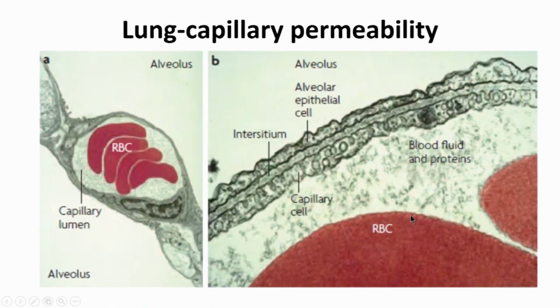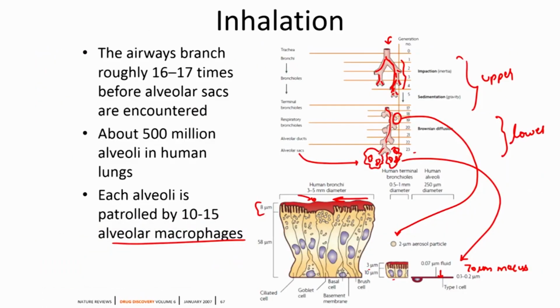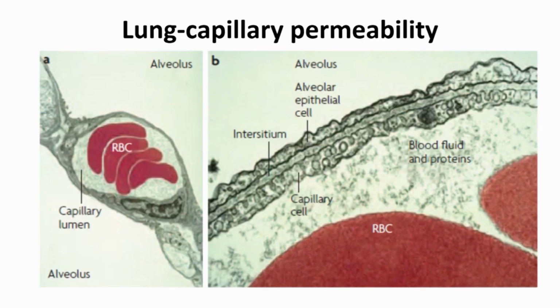If I go back again and zoom in on what happens at this interface, this is what it is. Here is an SEM image which is false colored, and what you are seeing is your alveolar sac.